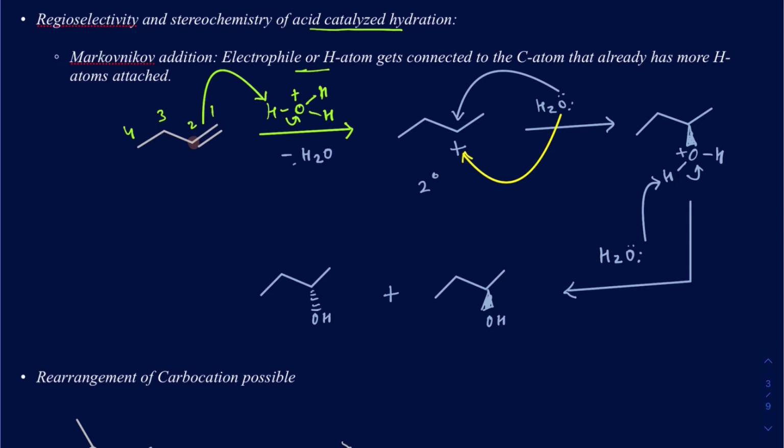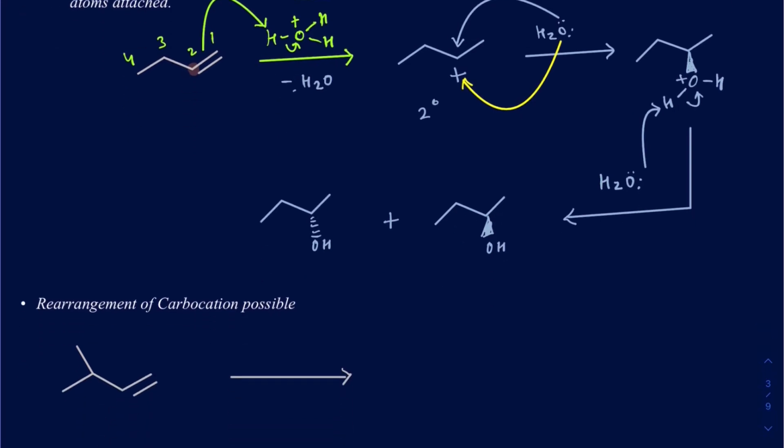So you have a possibility of making both of those stereoisomers, or another way of saying it, you have a possibility of making these enantiomers. So that's going to be your stereochemistry for this particular reaction.